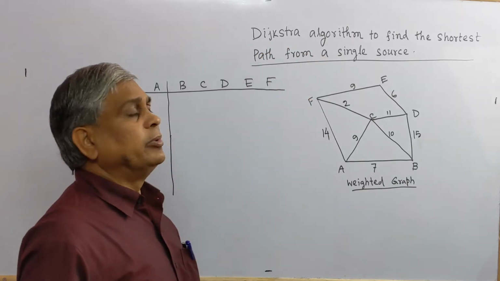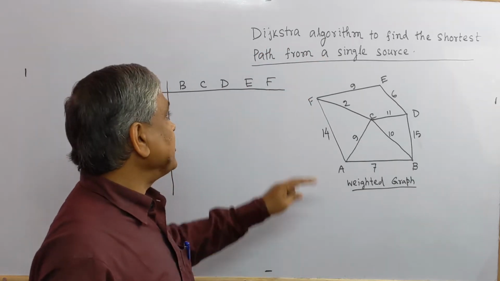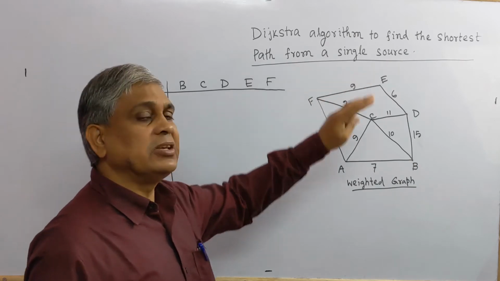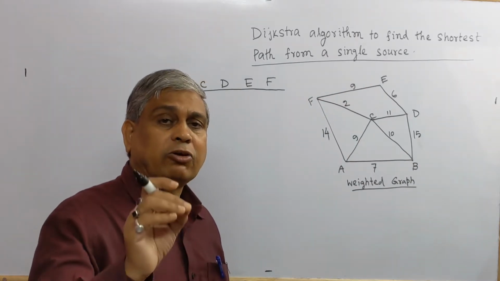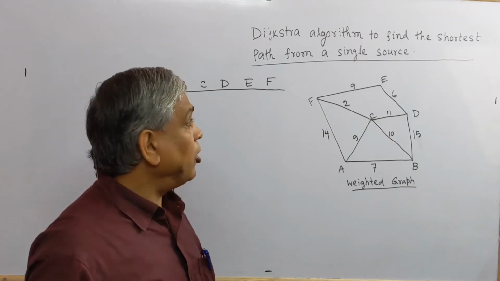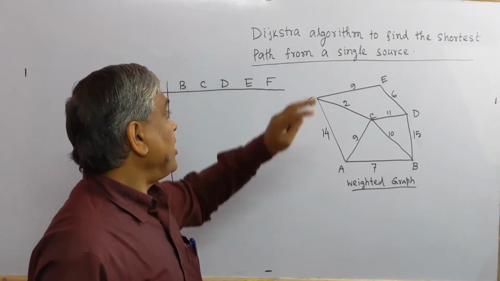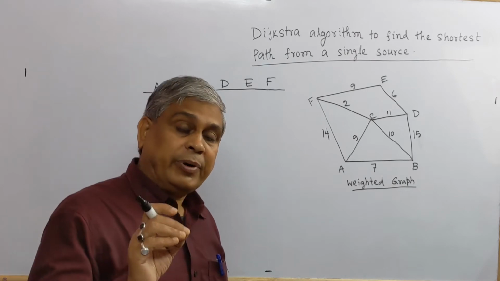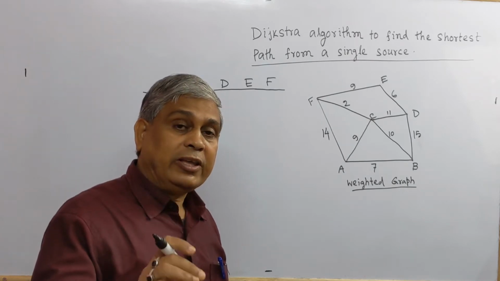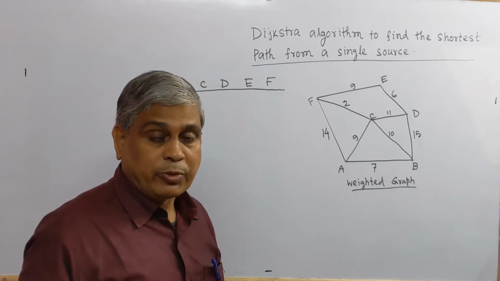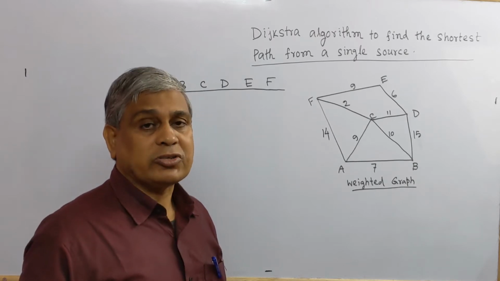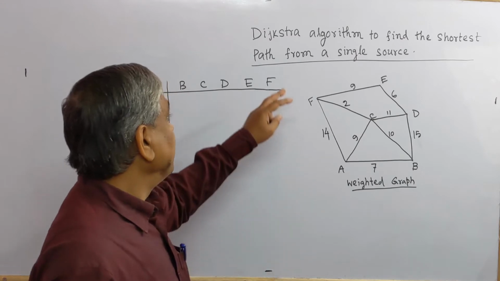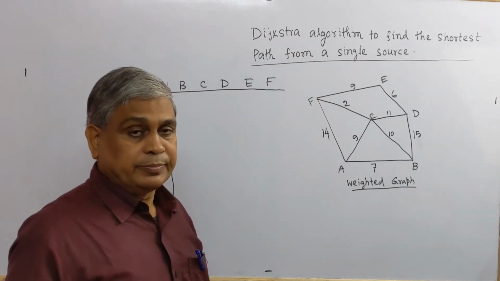Now I will describe about Dijkstra algorithm to find the shortest path from a single source. Before giving the theoretical description of Dijkstra algorithm, firstly I will give a particular example for describing the working process of a Dijkstra algorithm.